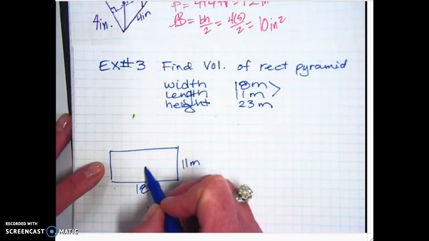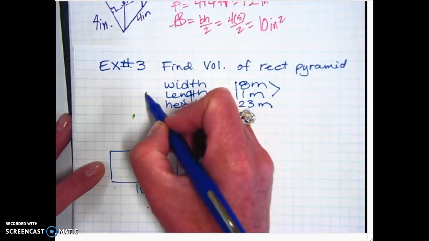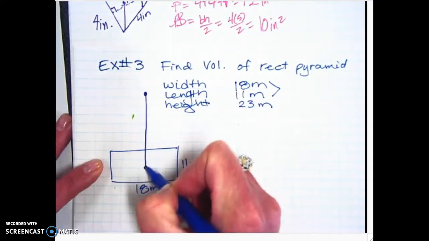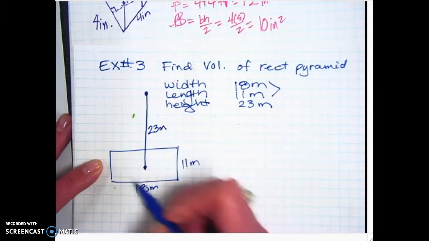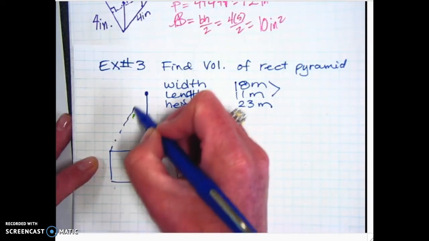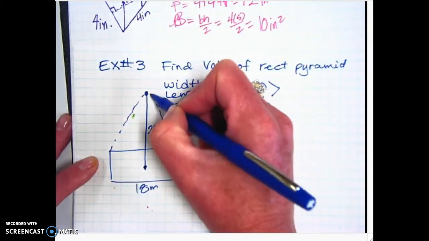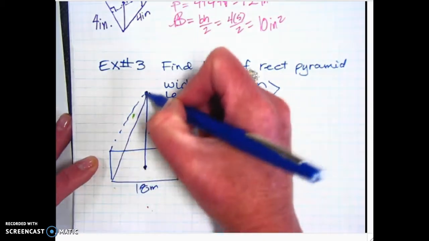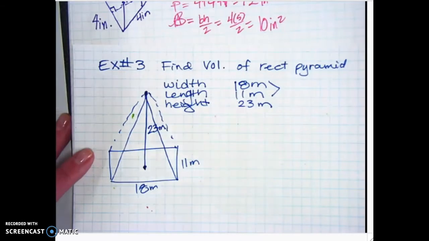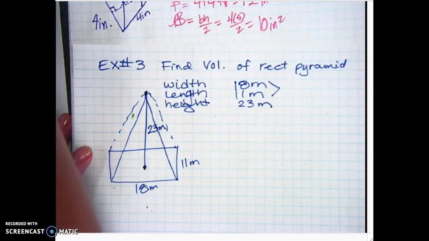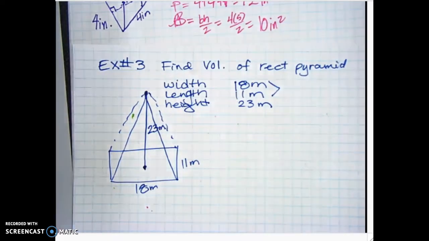So from the center of that rectangle up to the opposite vertex, it's 23 units. Then from each of these vertices up, that's going to create our pyramid. Okay. So the easiest way to draw them is to draw, if you know the configuration of the base, draw that first.